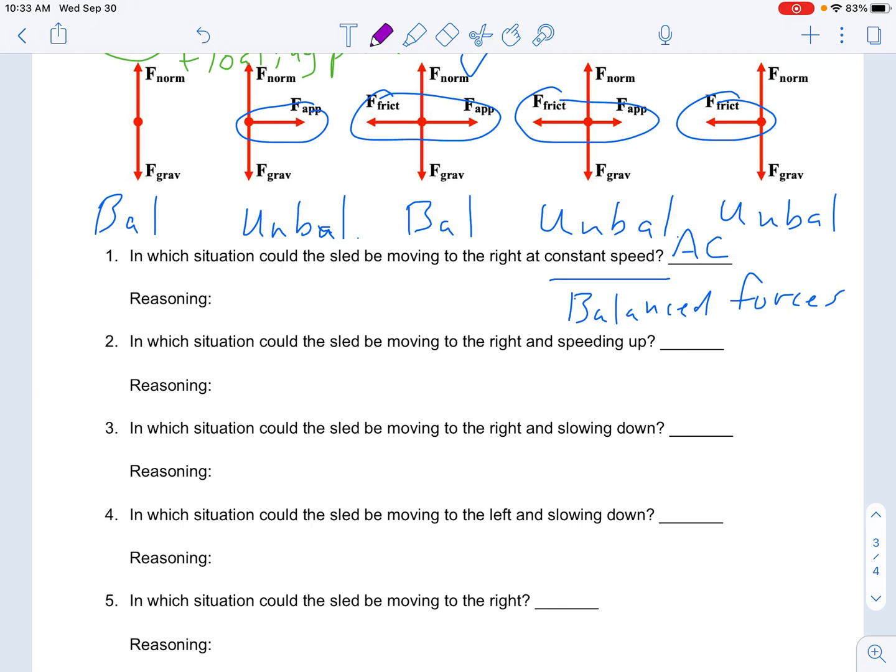If it's moving to the right, there has to be an unbalanced force to the right. And I see an unbalanced force to the right in situation B. That's the only one, because C is balanced, D is unbalanced to the left, and E is also unbalanced to the left. So this would have to be just situation B.